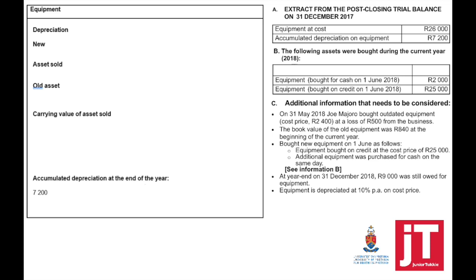Equipment bought on credit at a cost of $25,000, so this is the information given here. Additional equipment was purchased for cash on the same day, so again this refers to information B. At year end on 31 December 2018, $9,000 was still owed for equipment. Equipment is depreciated at 10% per annum on cost.